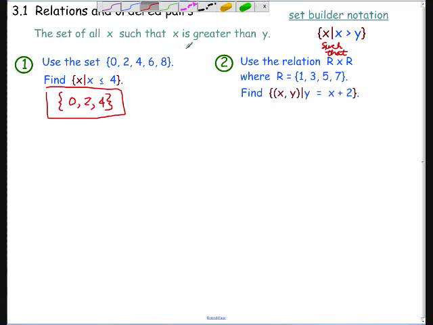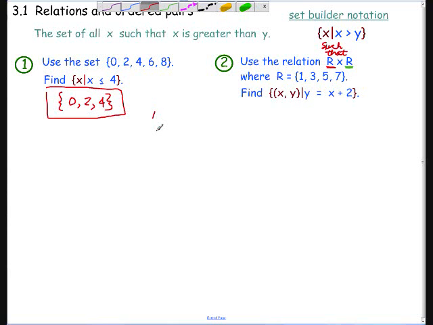For number 2, we're going to use R cross R, and R is defined for us right here. So for my first member of the pair, I use R, and for my second member of the pair, I'll use R. So what's that going to look like?